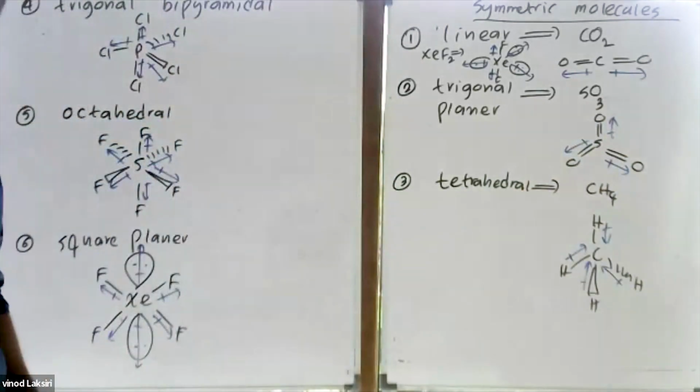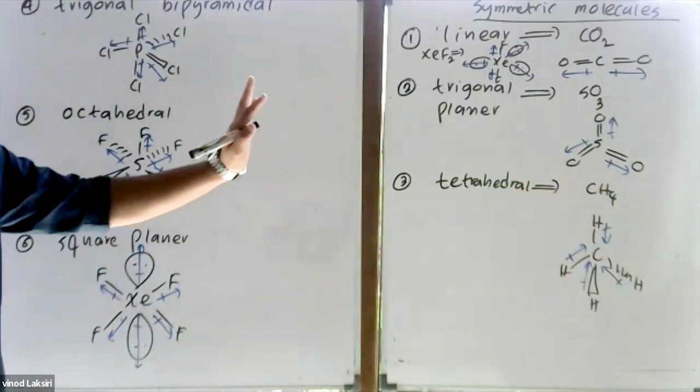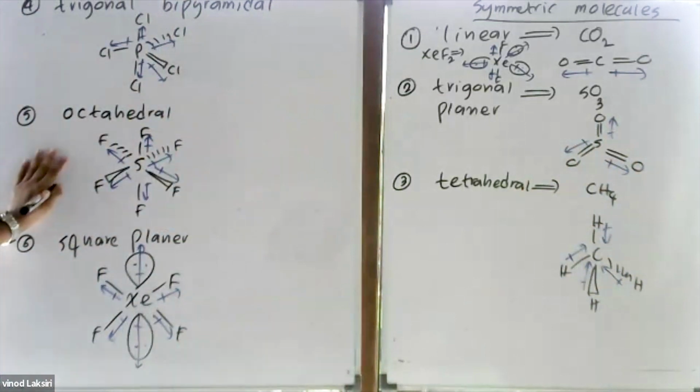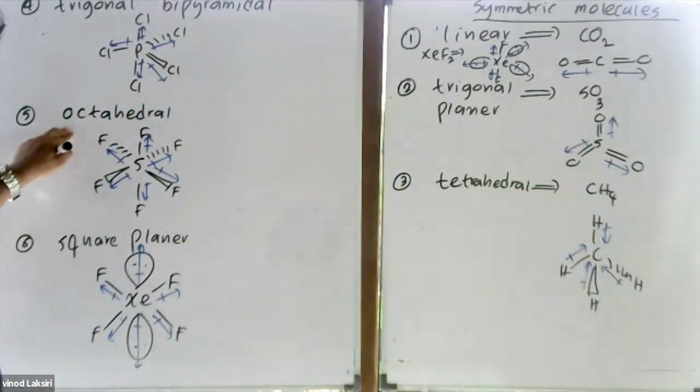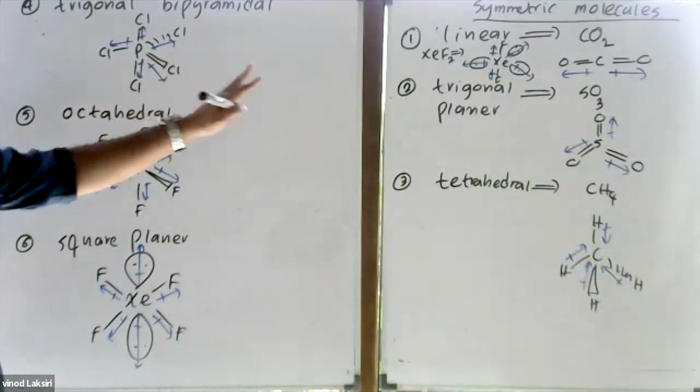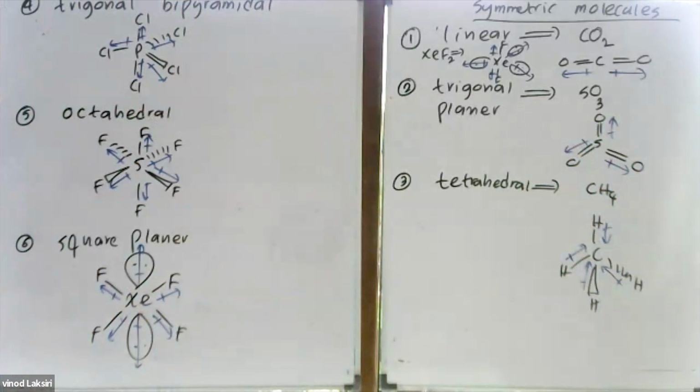Dipole moment is not zero, right? All the bonds should be equal and the shape should be one of these six. Therefore, remember linear, trigonal planar, tetrahedral, trigonal bipyramidal, octahedral, square planar geometry: dipole moment is zero.